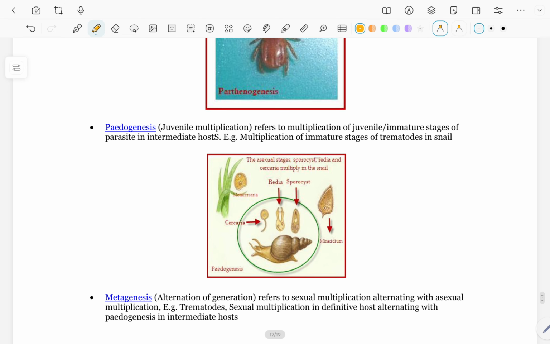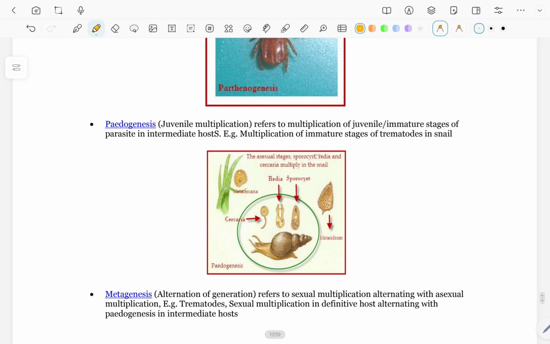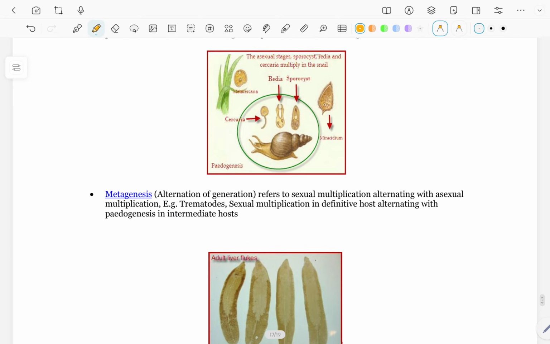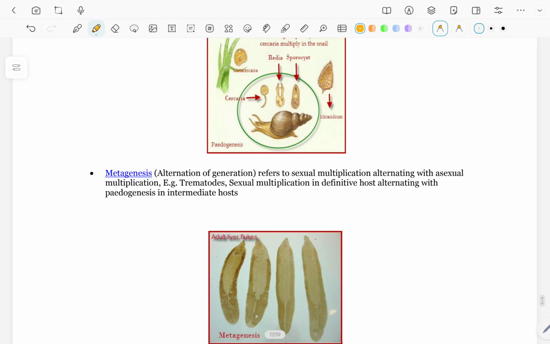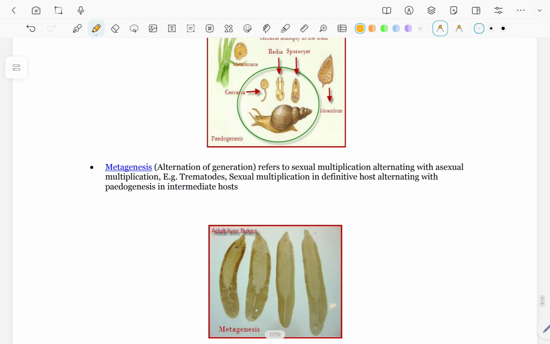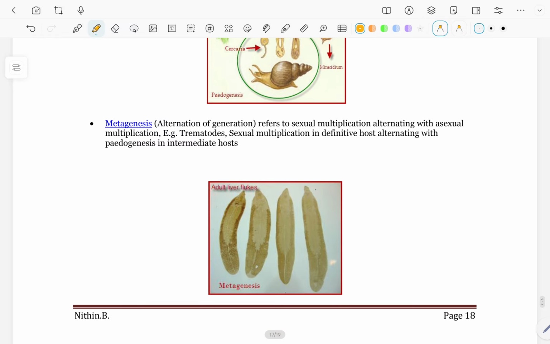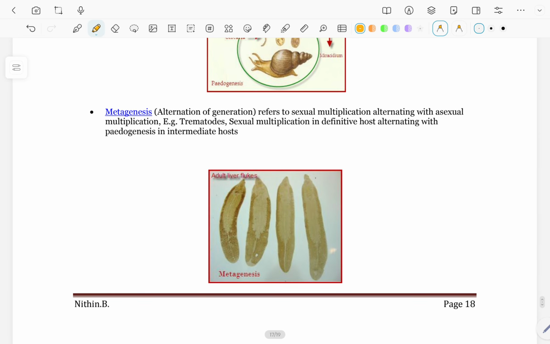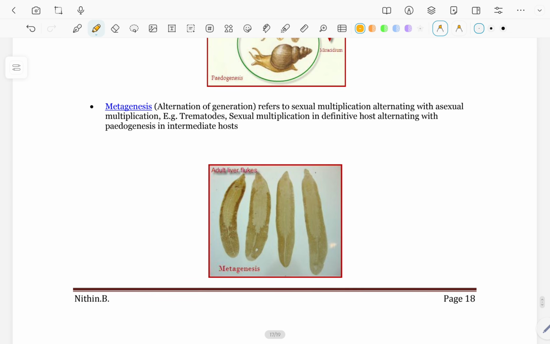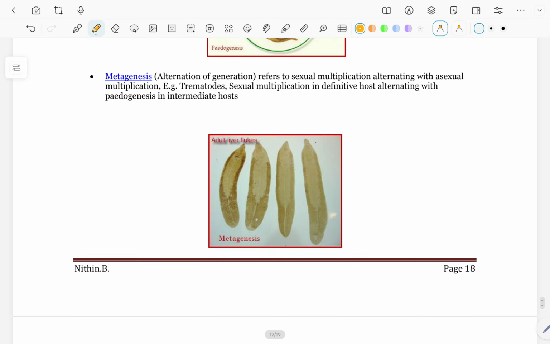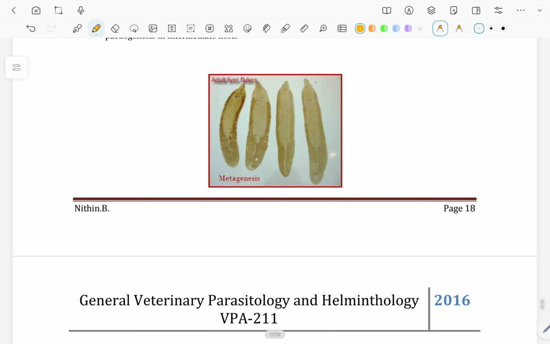Example: multiplication of immature stages of trematodes in snails. Metagenesis, alternation of generation, refers to sexual multiplication alternating with asexual multiplication. Example: trematodes, sexual multiplication in the definitive host alternating with pedogenesis in the intermediate host.